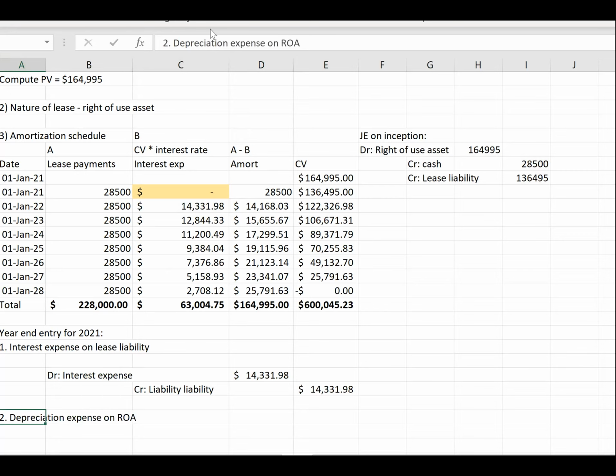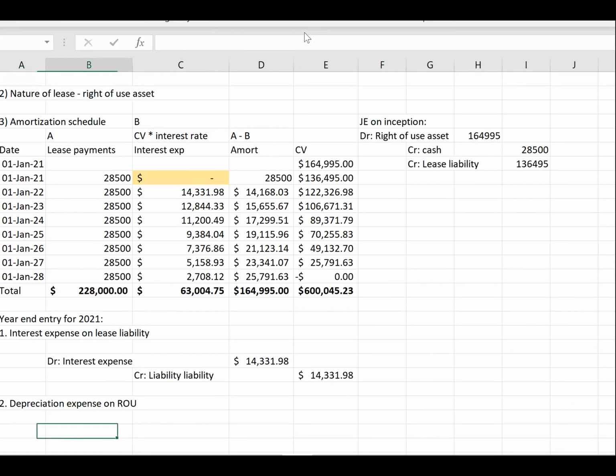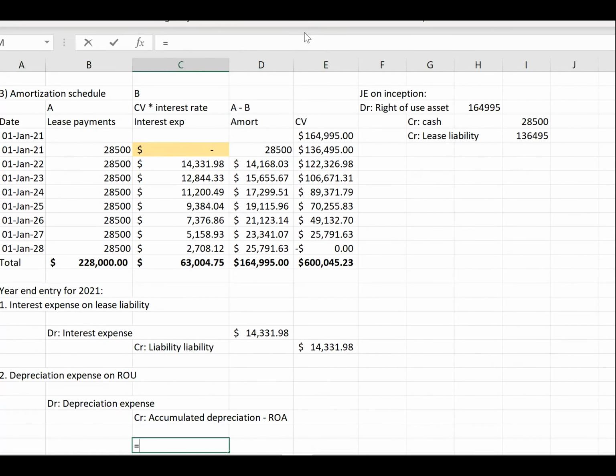It's usually called right of use asset, ROU, right of use asset, ROUA. So we're going to have debit depreciation expense and credit accumulated depreciation, right of use asset.